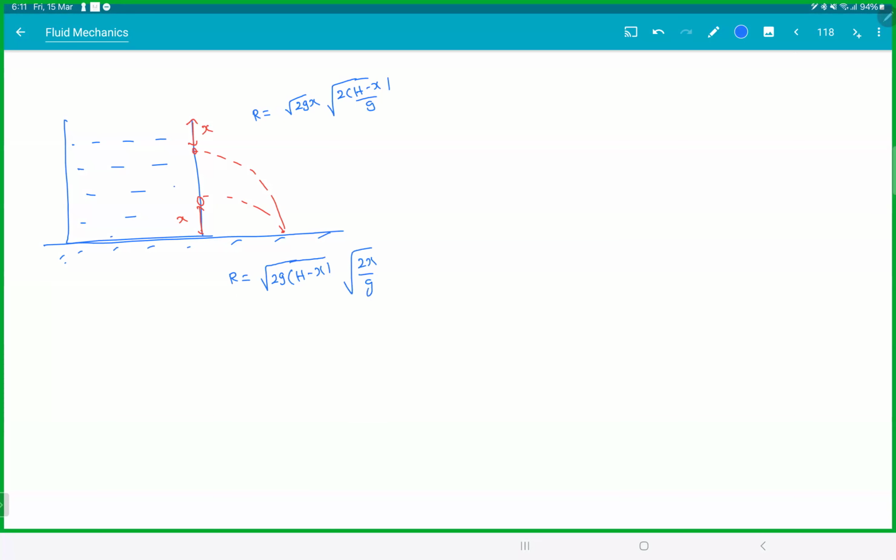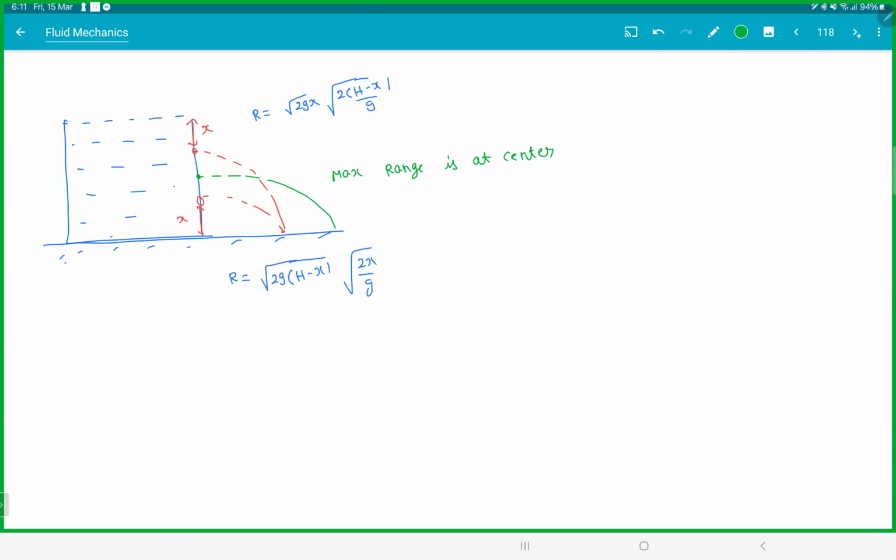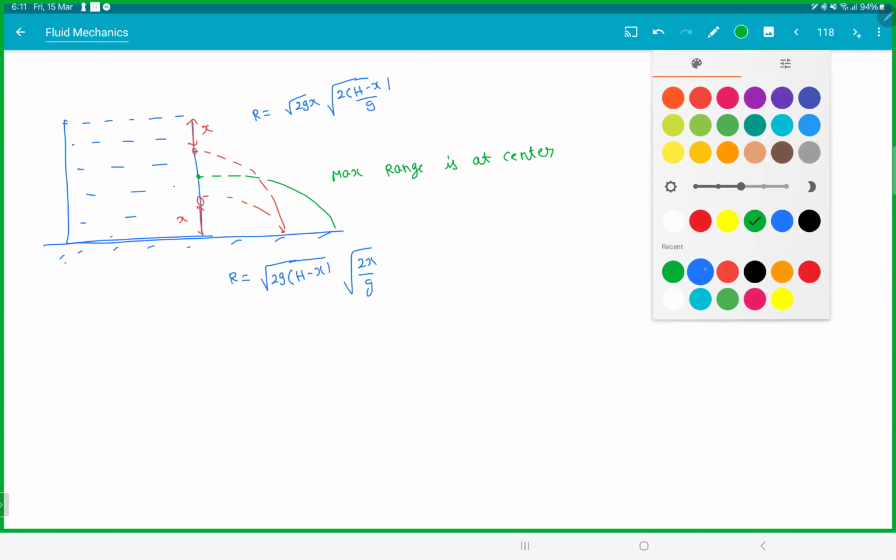Getting this? So you get the same range for two holes, one from the top or one from the bottom, and you get maximum range at the center. Again, this is if the container is on the ground. If you keep it on some elevated thing, you don't have an option. You have to differentiate. Clear with this?